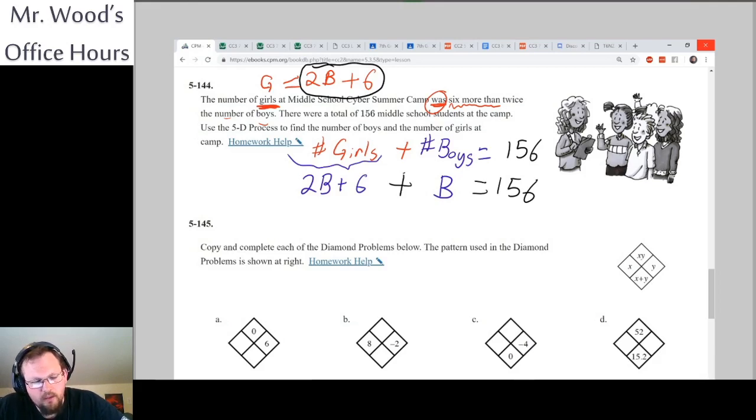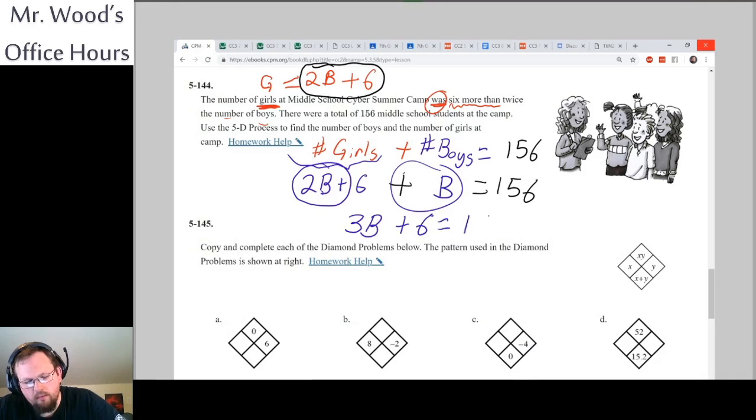You can combine terms where this is 2 B's and that's a B, so together that makes 3 B's, plus a number 6 equals 156. And you can guess and check your way through this if you would like, or you think 3 times something plus 6 makes 156.